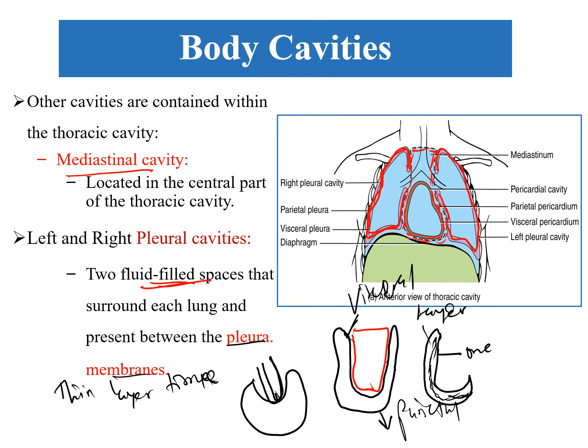So this is the visceral pleural layer. This one is the parietal pleural layer. In between them, they have a space, and this space is known as the pleural cavity. It is filled with a fluid, and that fluid is known as pleural fluid. So this is what a membrane is, and these are some of the body cavities that are present within the thoracic cavity.